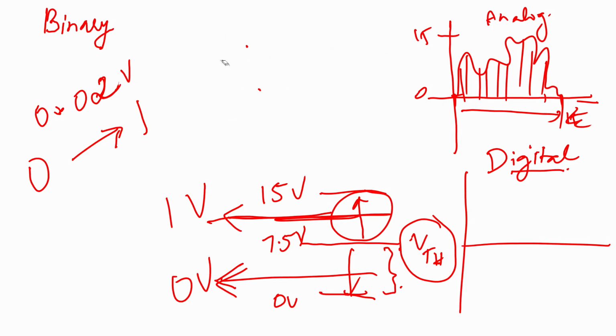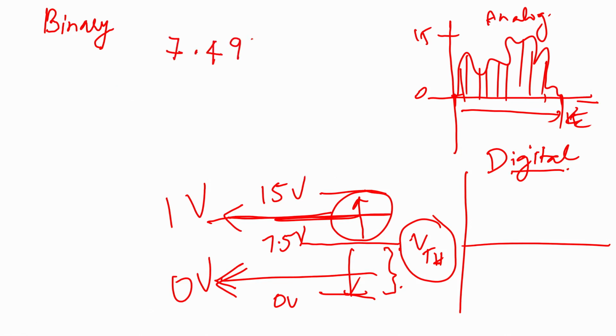Let us go over it again. I think we were a bit fast there. So, let us say our input voltage was 7.49 volt, that as per our logic we translate into binary 0. Now, after some time our input voltage became 7.51 volt, but as per our logic we translate it to 1. So, let us say this is V1 and this is another voltage, V2.